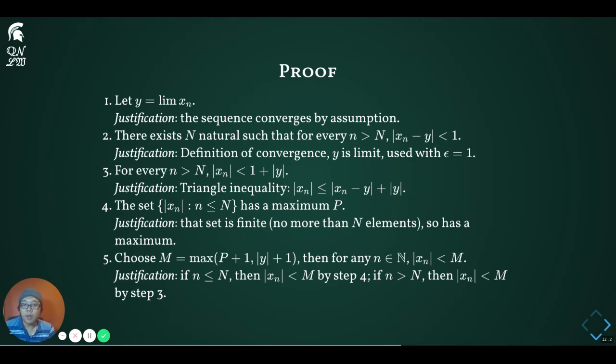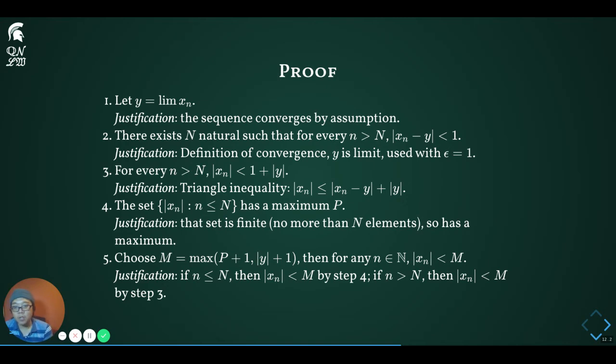Here, the number 1 is playing the role of the epsilon in the definition of convergence. Applying the triangle inequality, this means that for every small n greater than big N, the absolute value of the term is no more than the absolute value of the limit y plus 1. So we have shown that for every term that is far enough into the future, the term is bounded.